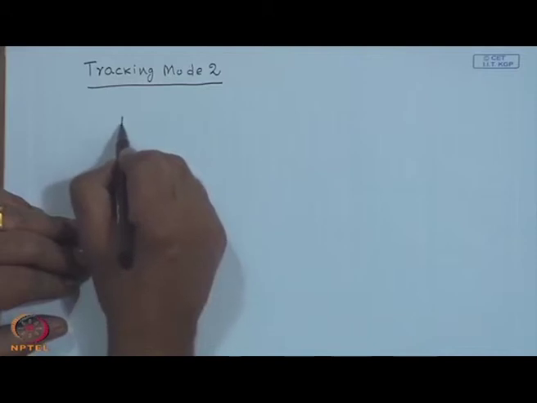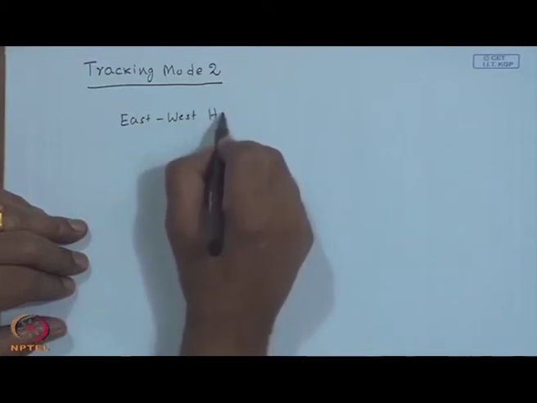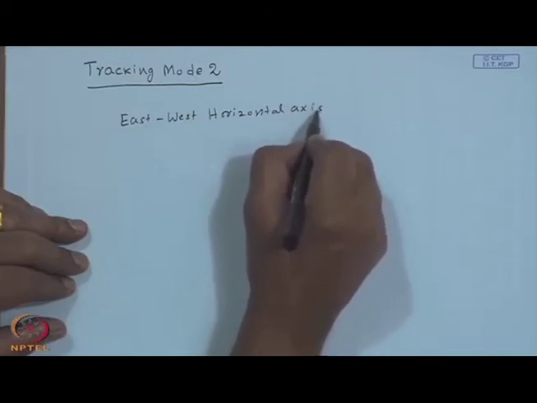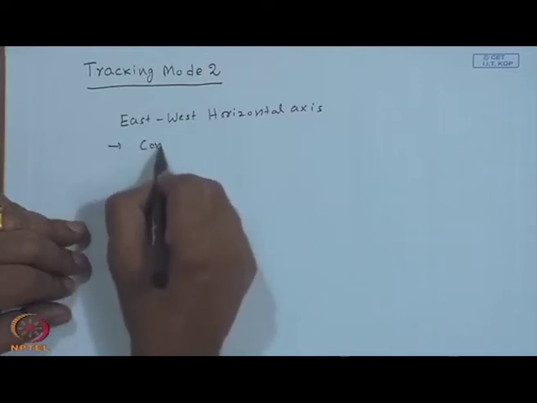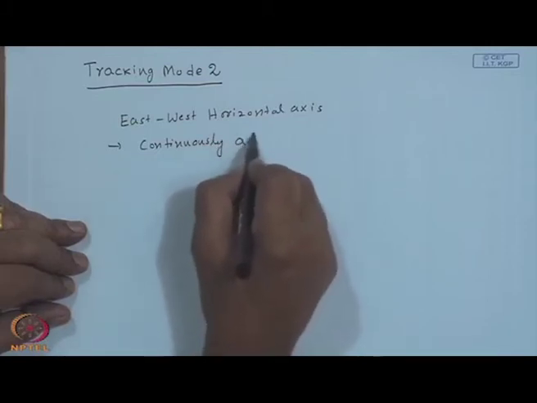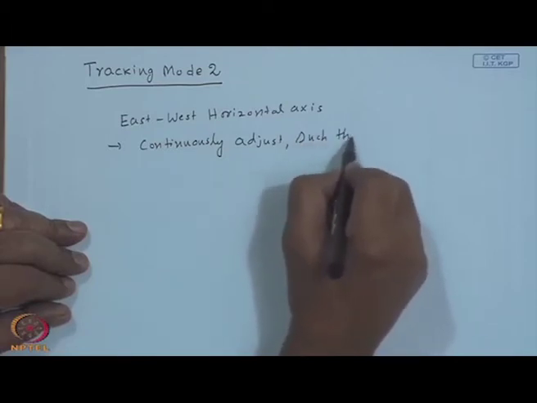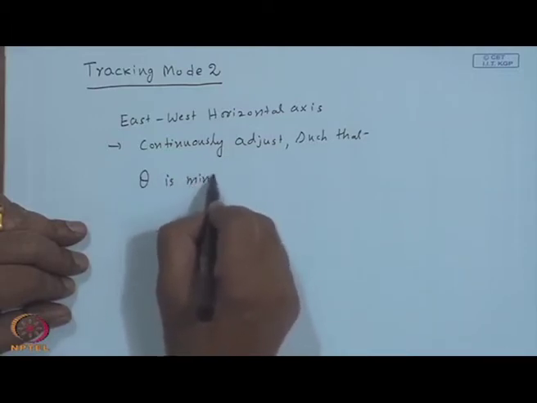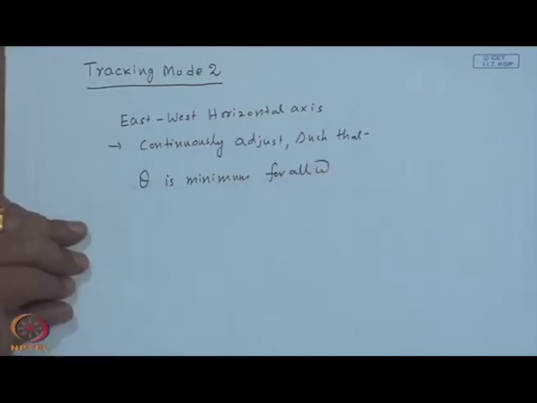Again, an east west horizontal axis, instead of one single adjustment per day, continuously adjust such that theta is minimum for all omega.